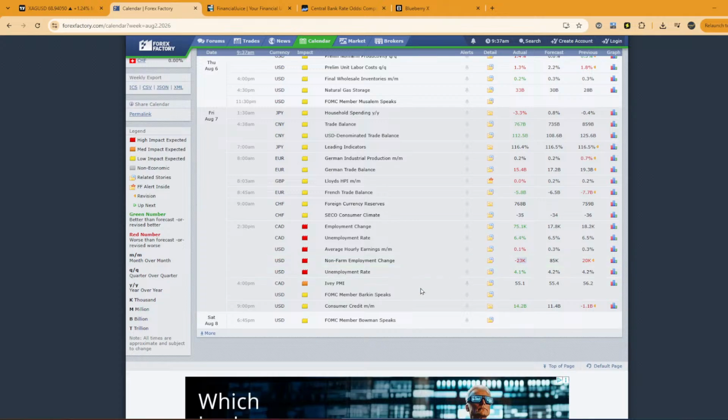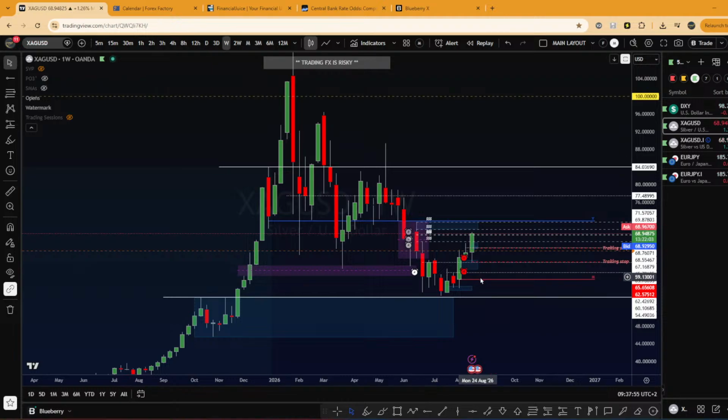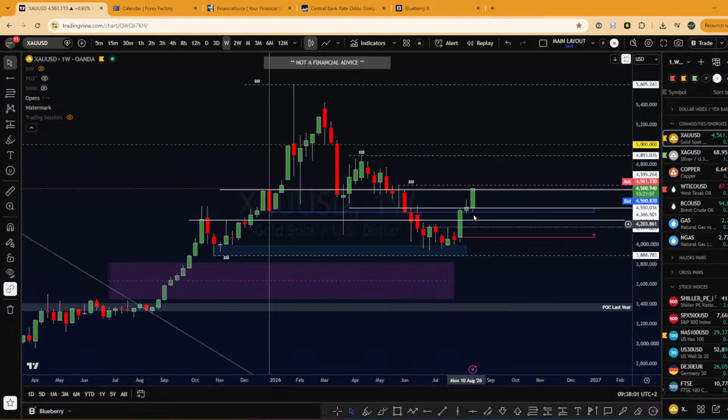And with inflation and growth in the United States slowing, this is a great environment for precious metals to appreciate. That's why we start to see this huge impulse on gold and silver.